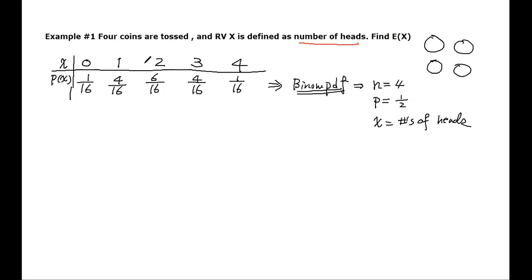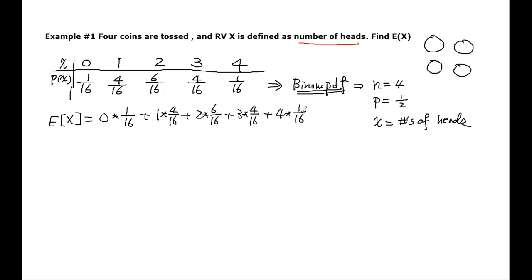And then the expected value of x is just like we talked about before. So this will be 0 times 1/16 plus 1 times 4/16 plus 2 times 6/16 plus 3 times 4/16 plus 4 times 1/16, right?